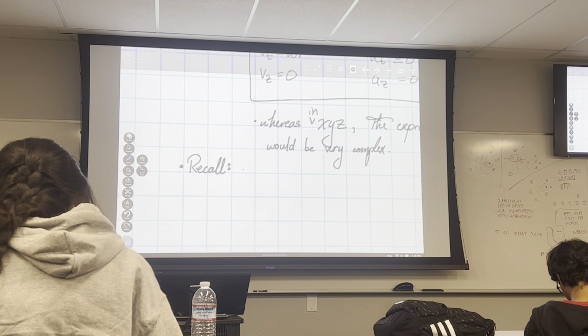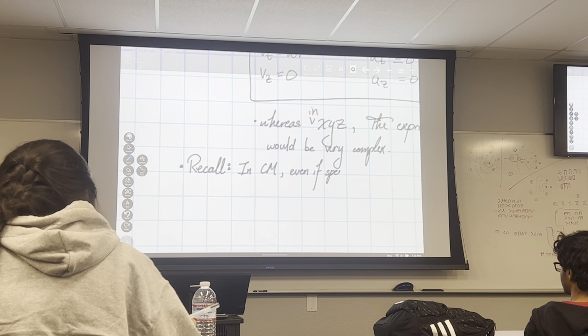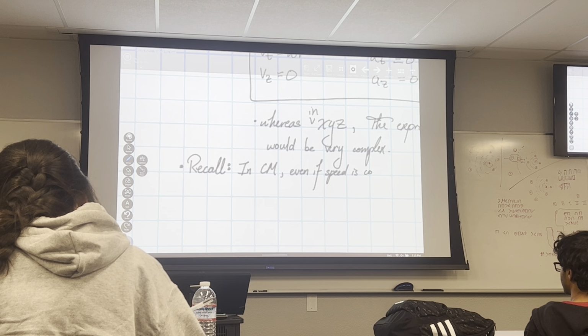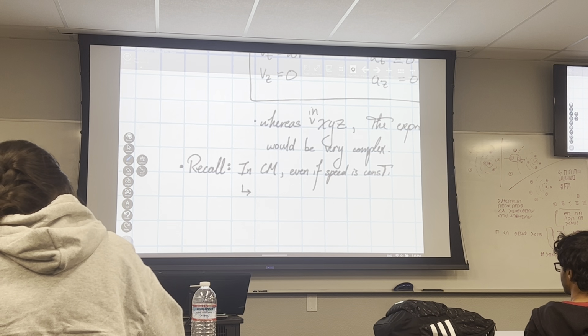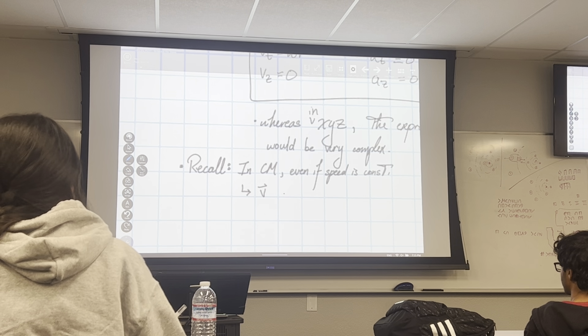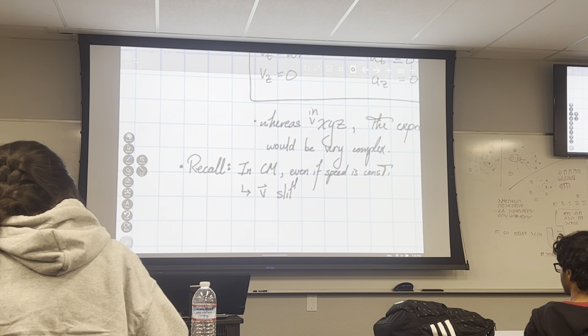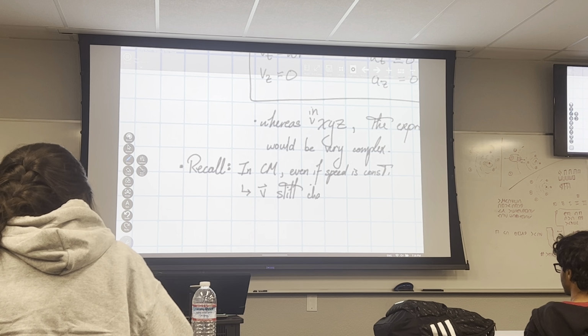Now recall, in circular motion, even if speed is constant, velocity still changes. You guys remember that? In circular motion, the direction of your velocity constantly changes.